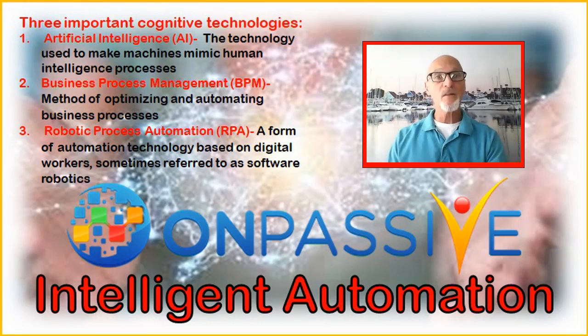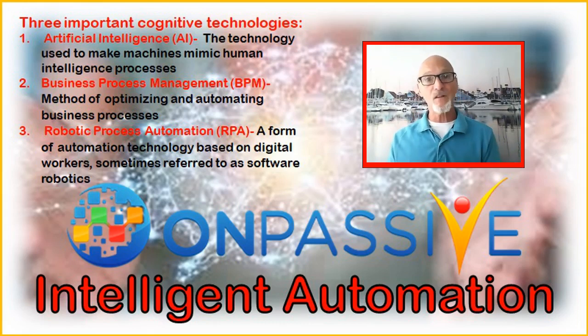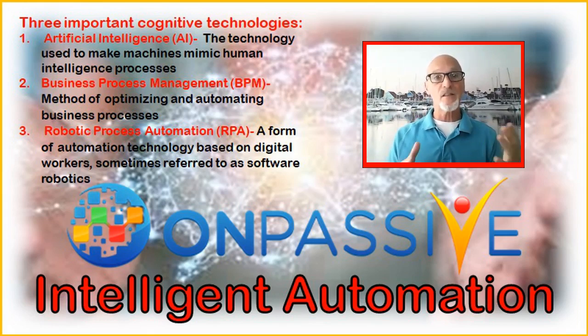The second one is business process management, BPM, and this is a method of optimizing and automating business processes, right, for greater agility and consistency. And the third one, robotic process automation, RPA, that's a form of automation technology based on digital workers. Sometimes we refer to this as software robotics.